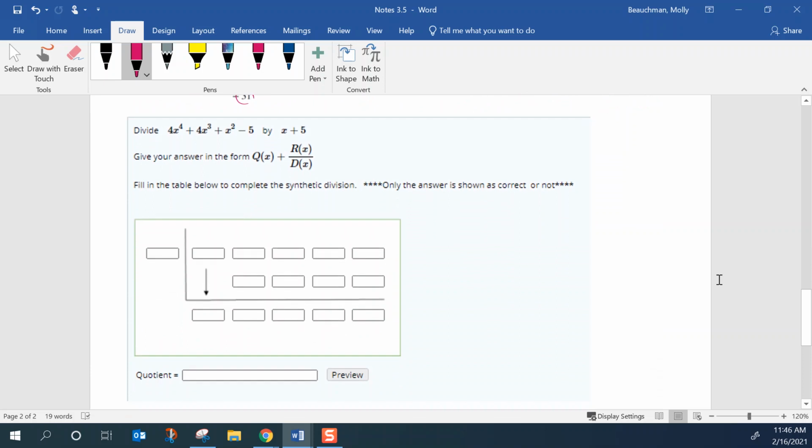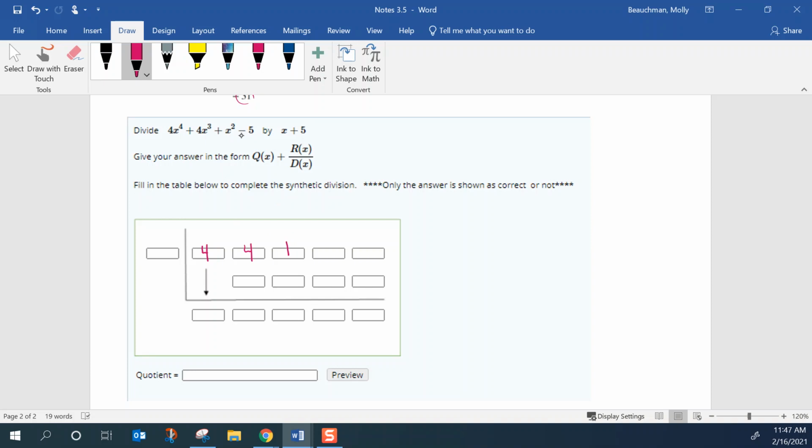We want to divide, this will look like your homework. Divide 4x to the fourth plus 4x cubed plus x squared minus 5 by x plus 5. We've got to put our values in. So we have 4x to the fourth, so use numerical coefficients only. 4x cubed. x squared has a 1 in front.